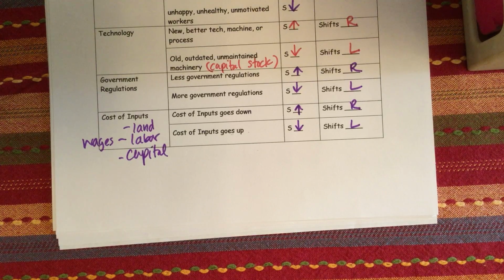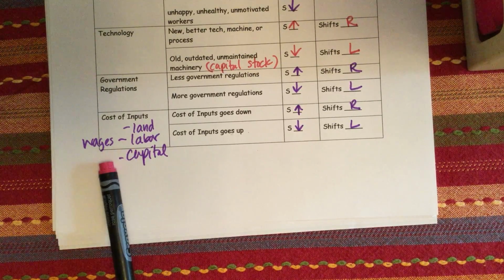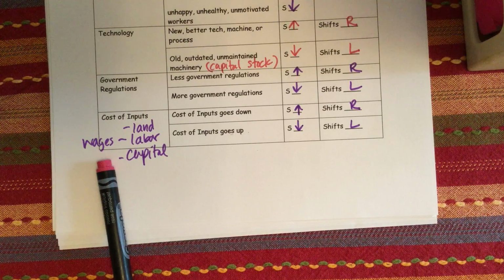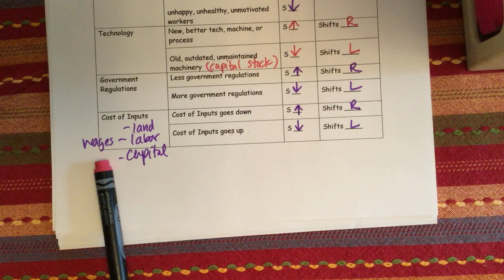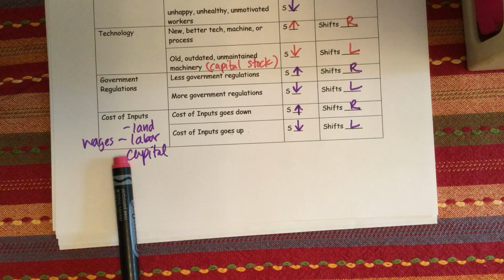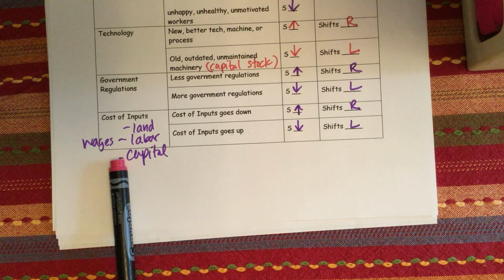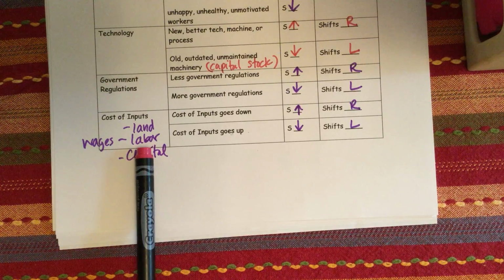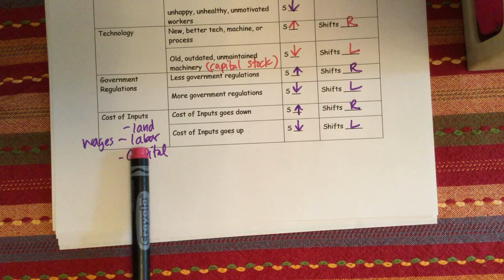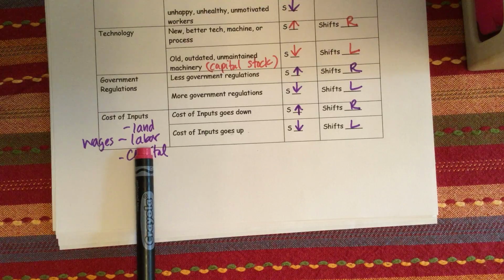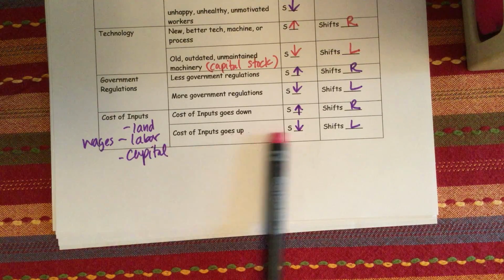I had a budget to pay for 5 workers every month. But if my wages go up and the national government is telling me that I need to increase the minimum wage, then I need to pay my workers more per hour. Well, maybe my budget won't pay for 5 laborers anymore. Maybe it'll only pay for 4 laborers. So now, because of the cost of my production, because I need to pay them more, I'm not going to be able to hire as many laborers. I'm not going to be able to produce as much.